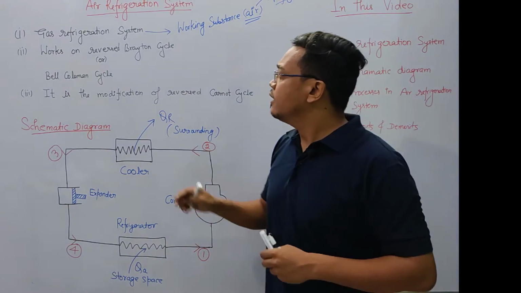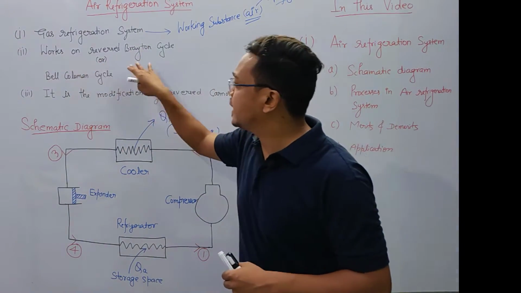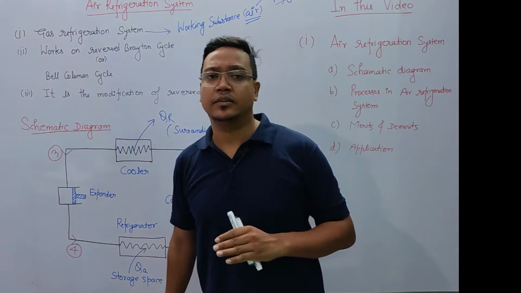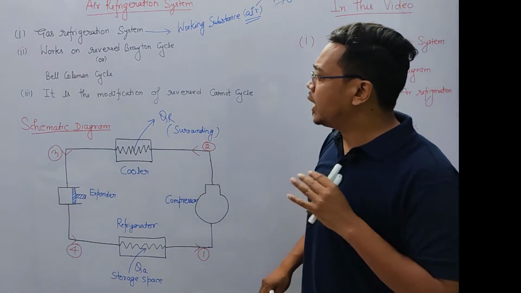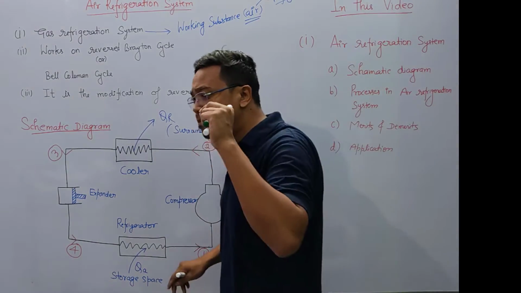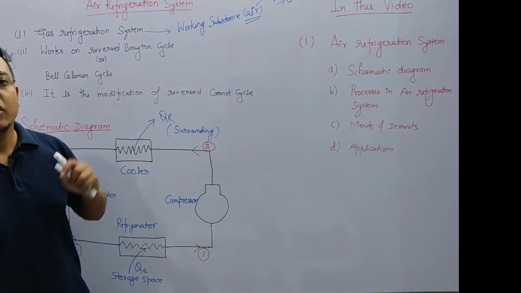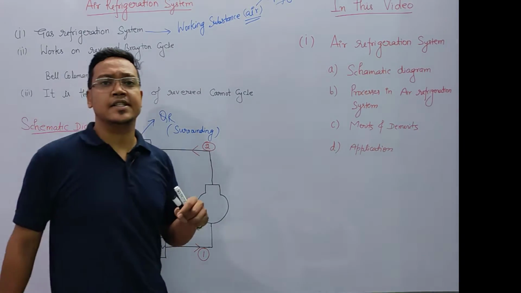In this case, air refrigeration system works on a reverse Brayton cycle or Bell-Coleman cycle. Now, third point. It is the modification of reverse Carnot cycle. This is the most important point, because of this point, we are studying air refrigeration system.